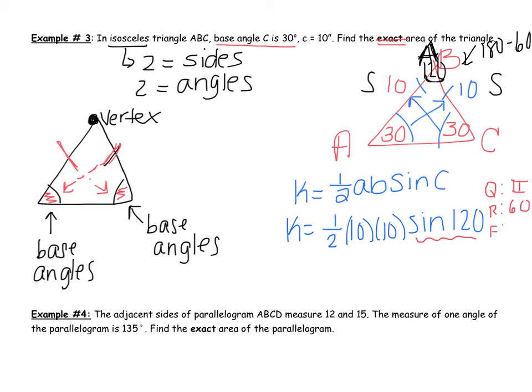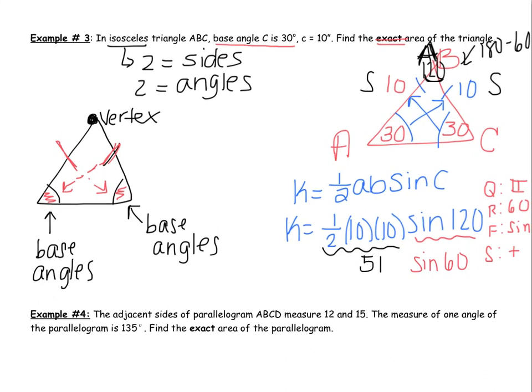What function are we using? Sine. And S stands for sine. Is sine positive or negative in quadrant 2? It's positive. So this sine of 120 is the same thing as saying sine of 60. And if you want, you can multiply this. 1/2 times 10 times 10 is simply 50.